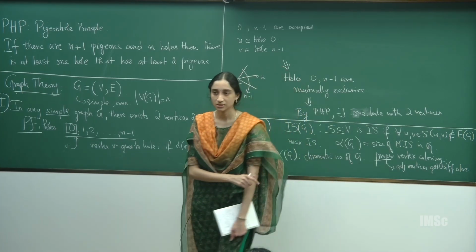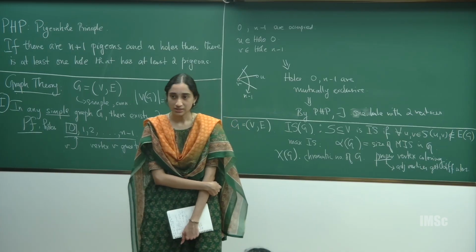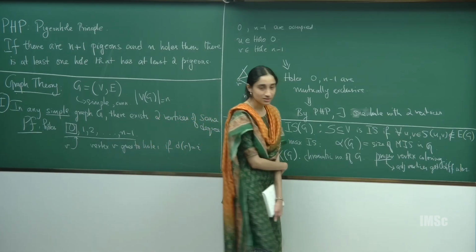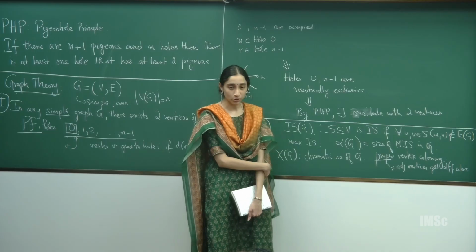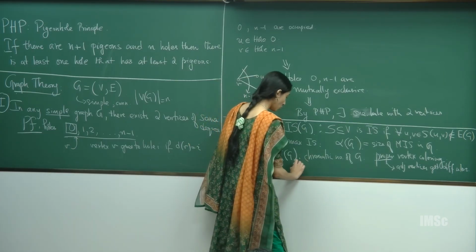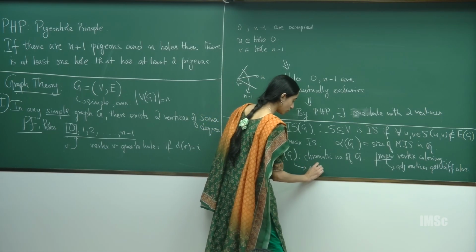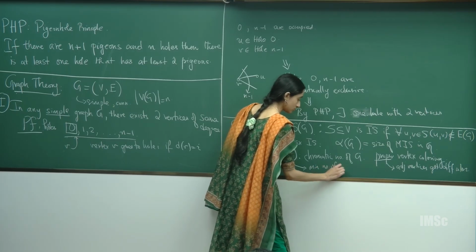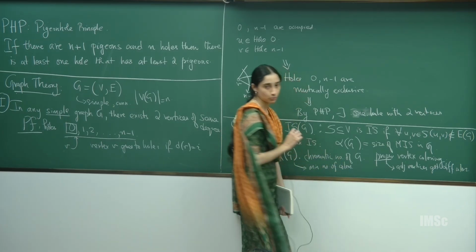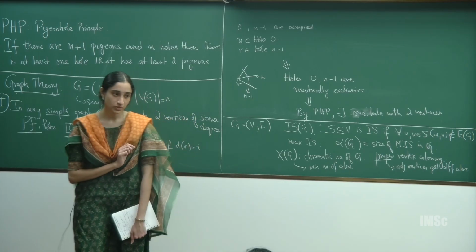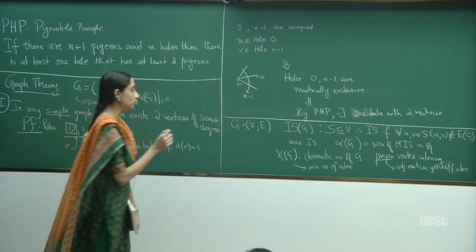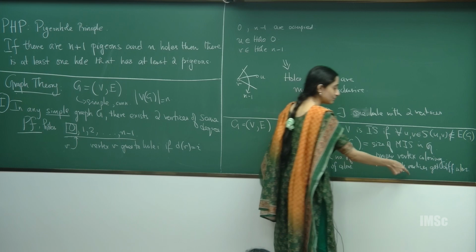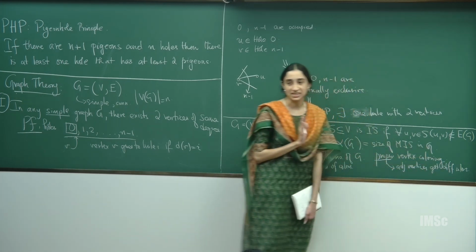It has n vertices, n colors. So maximum does not make sense. You have to find the minimum number of colors. So chromatic number is the minimum number of colors in any proper coloring of the graph. The smallest number of colors you can use, and then ensure the property that any pair of adjacent vertices get distinct colors.